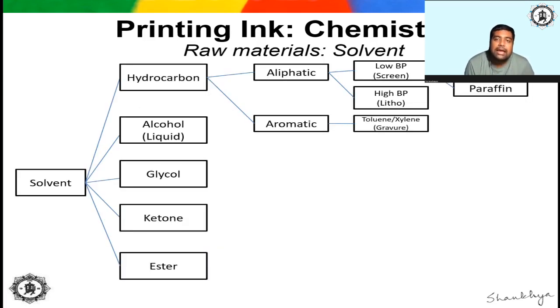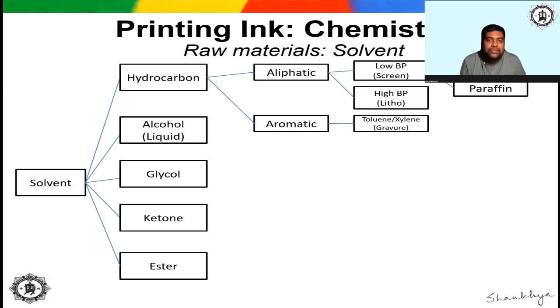Polyamide resins are used in liquid inks as well. Resins can be used in different types of ink. What matters is how you prepare that resin. If you are cooking it in oil, it will be used in offset. If you are dissolving it in solvents, then it will be used in liquid ink. When we study the manufacturing process, it will be clear.